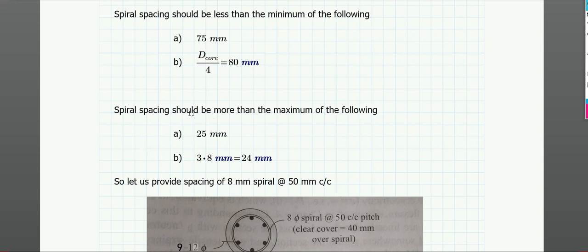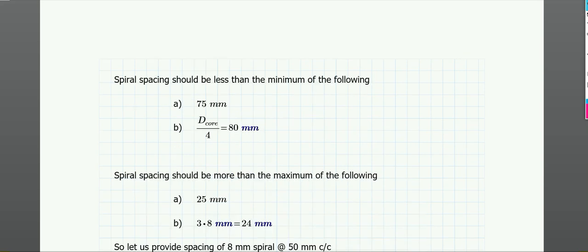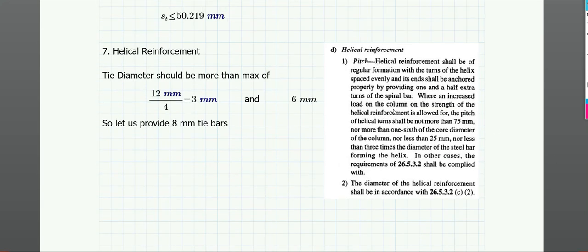And the spiral spacing should be more than this, that is 25 mm, and 3 times the diameter of the spiral bar that you're using. So 3 times of it is 24 mm. All these things you will get from this clause, the helical reinforcement clause.